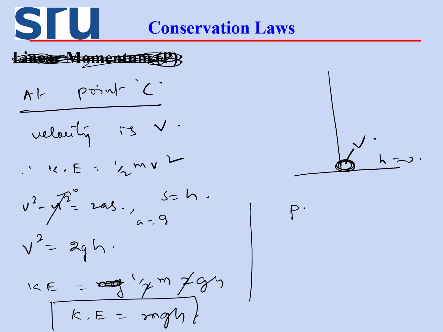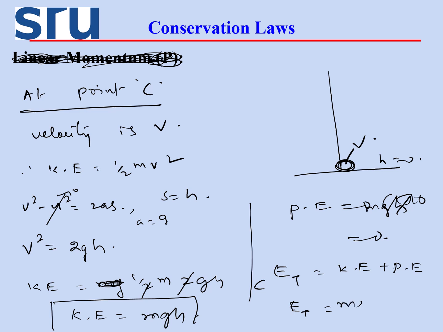Now potential energy is mgh, and h is 0, therefore 0. E at point C, the total energy, is the sum of the kinetic energy plus potential energy. So E total is equal to mgh. This is 0.